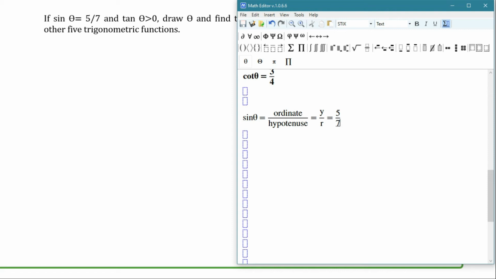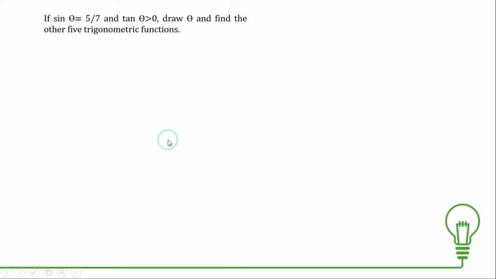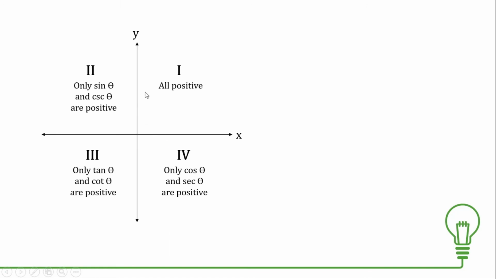So the second condition is that our tangent function would be positive also, aside from the sine function. Where is the tangent function positive? That is quadrant 1 and quadrant 3. Okay, that is our second condition. But on our first condition, it's just either quadrant 1 or quadrant 2.